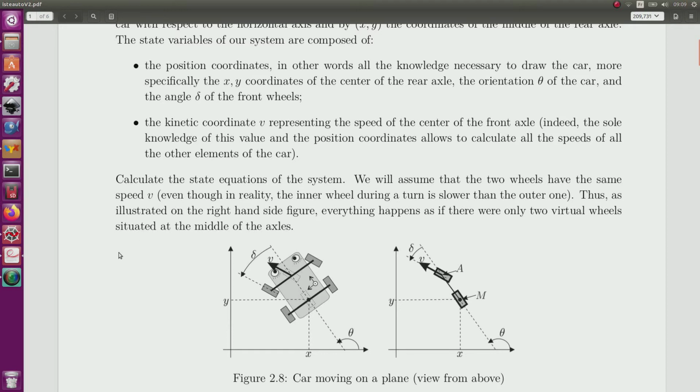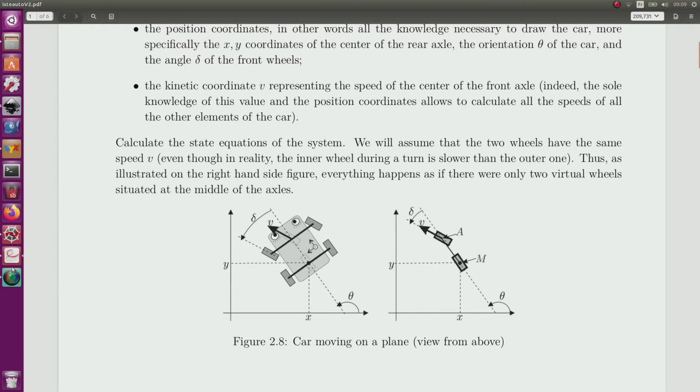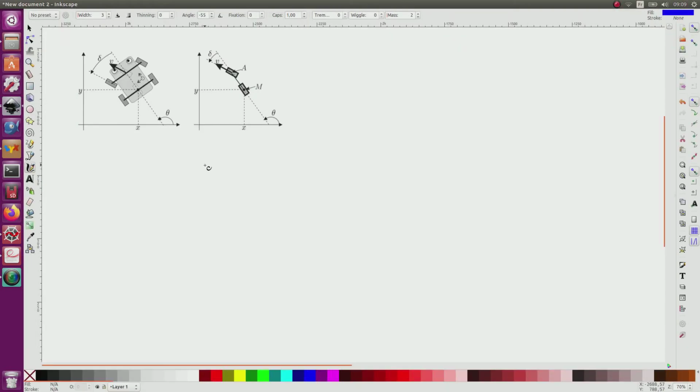So to find a state model, I consider here the car, and the state vector x corresponds to the degrees of freedom x, y, theta, and I will have the speed v here and delta.